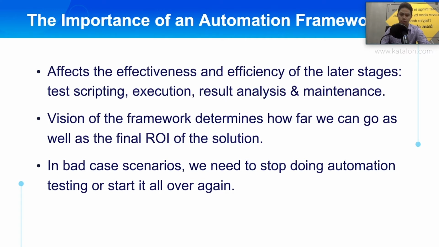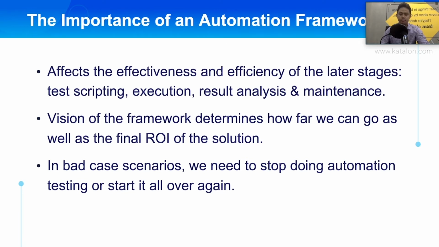If we do something wrong in the automation framework, all the activity of the team will be affected, especially the maintenance step that I mentioned already, because the effort for maintenance will become bigger and bigger over time. The vision of the framework also determines how long we can carry on the solution with our project and affects heavily the final return on investment of the solution. So if you only have like 20 or 50 test cases, actually it doesn't matter much.